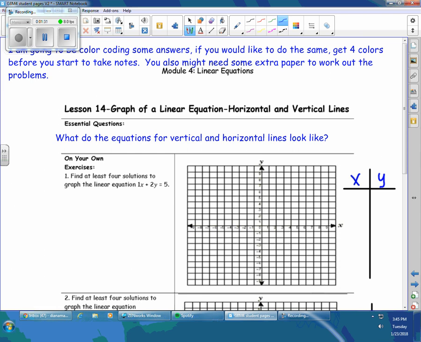You're using a table, just without the center section for doing your work. That will help you to stay more organized. So for this first equation, I'm going to fix values for y and solve for x, because my y has a coefficient that is not equal to 1.